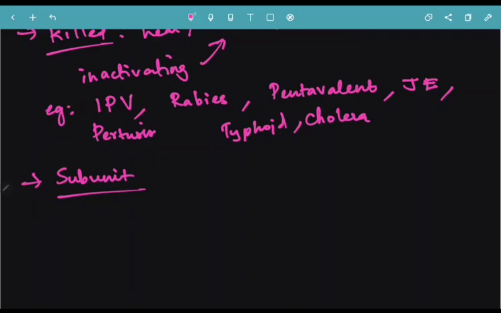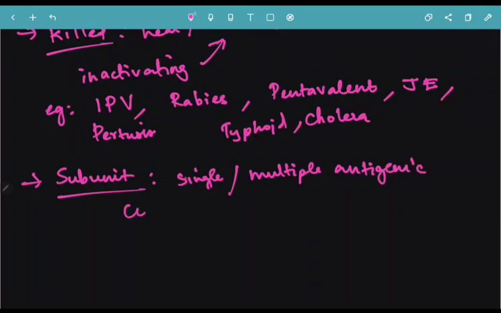In a subunit vaccine the entire microorganism may not be there, but a part of the microorganism is going to produce the immunity.